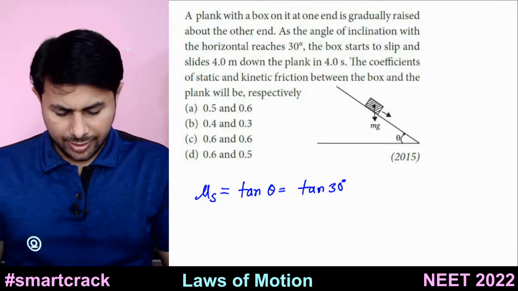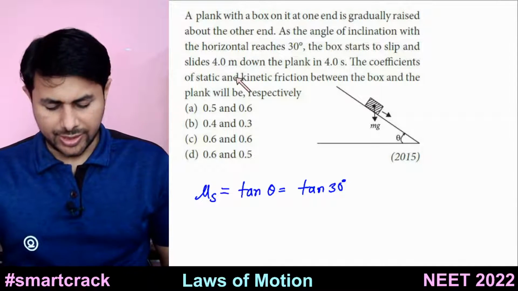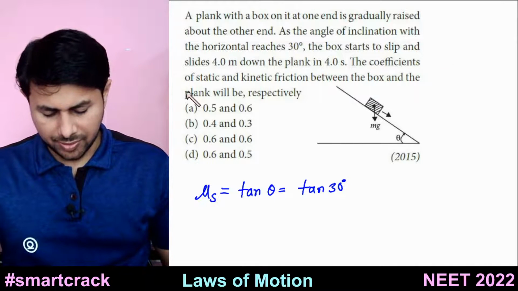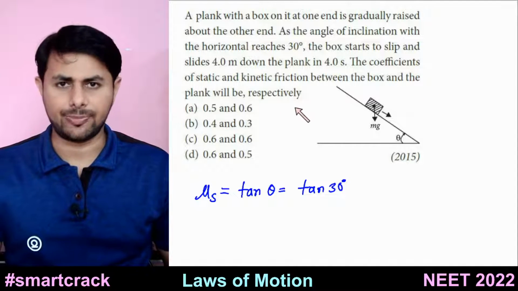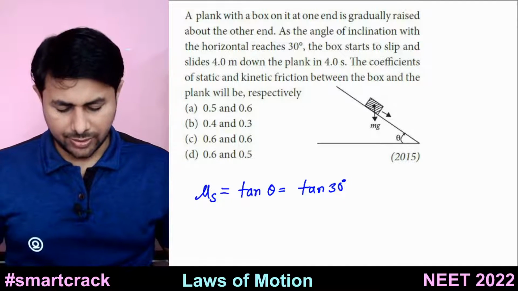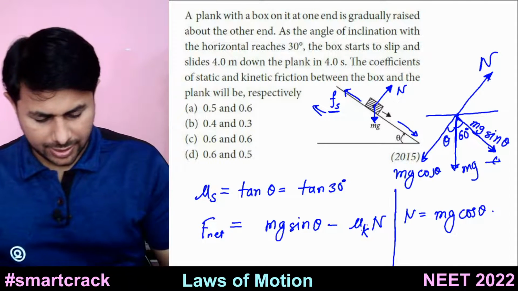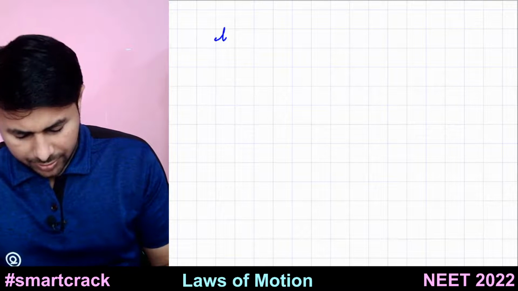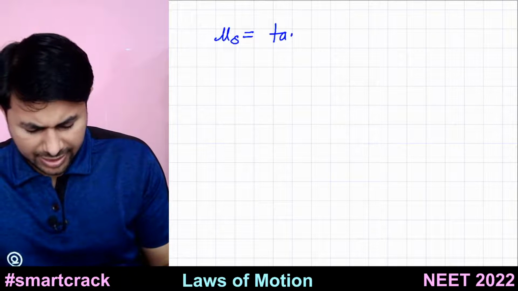Then it slides 4 meters down in 4 seconds. The coefficient of static and kinetic friction between the box and the plank will be, respectively, what? Let's find the coefficient of static friction first. It is just mu s equals tan 30, and that's what we want.